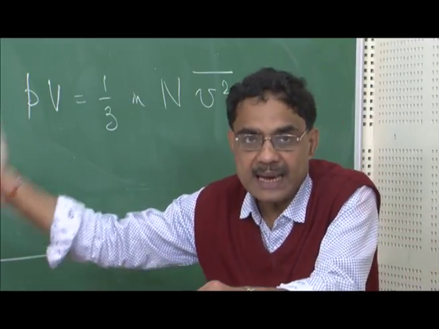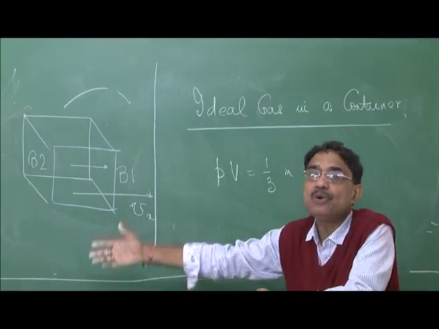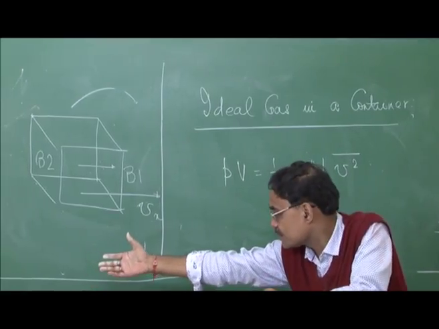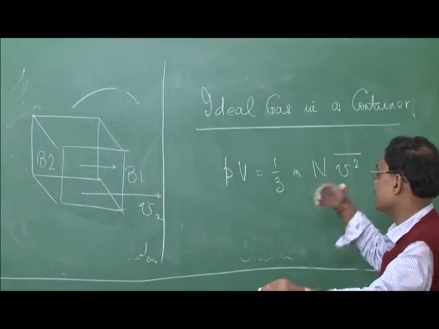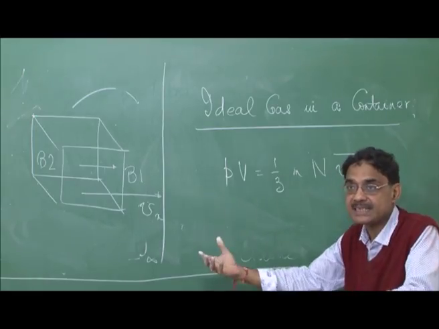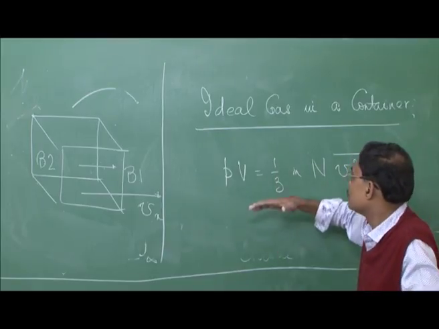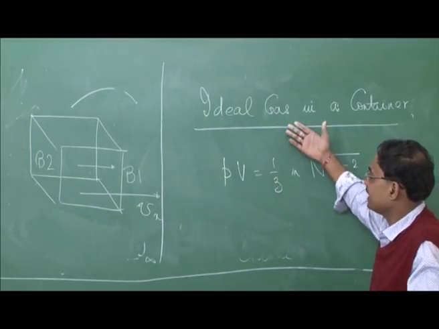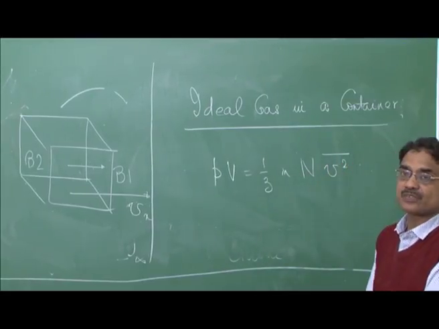I have tried to tell you what a probability distribution is and how you talk about averages. In the next lecture I will go to the details. Today's lecture was more like a preamble and introduction. Tomorrow, or whenever our next meeting is, I will tell you about the equation of state.